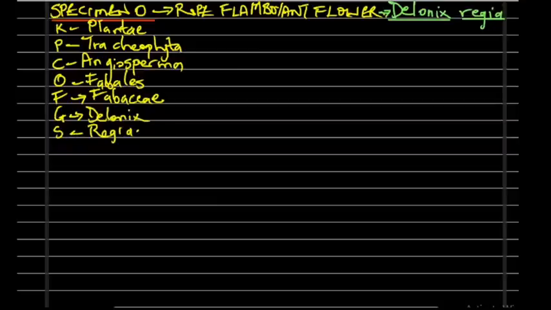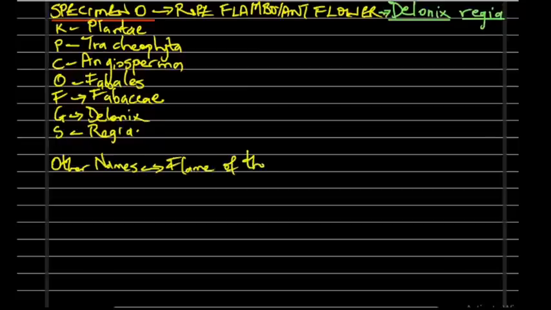So that is about the flamboyant flower. Other names of the flamboyant flower: we have it called other names like the flame of the forest. It can also be called flame tree. These are other names of the crop.